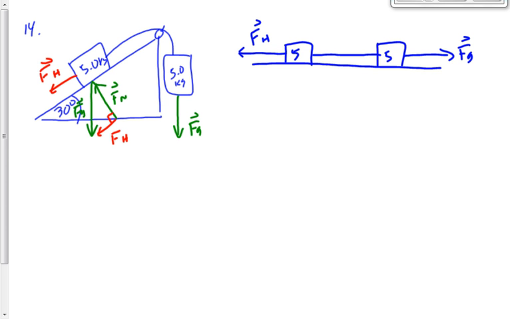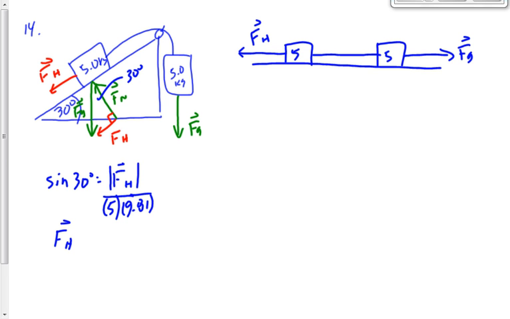Let's get the value of FH. Okay, we're going to say sine 30, because we know this is 30 degrees again. Sine 30 degrees is equal to opposite FH over the hypotenuse. That's 5 times 9.81. FH is going to be equal to 5 times 9.81 times sine 30, which is 49.05 times 0.5, 24.525.